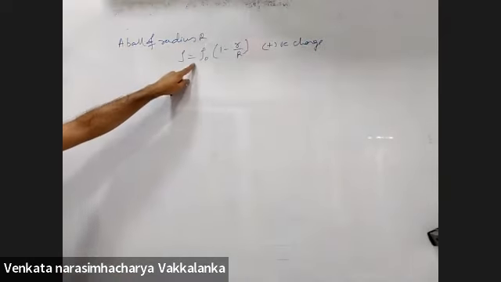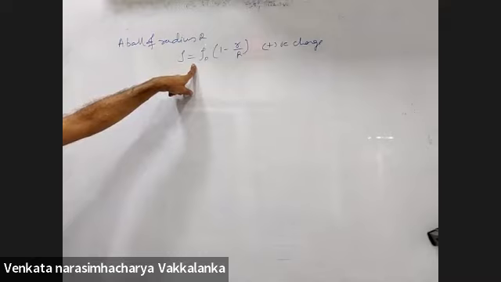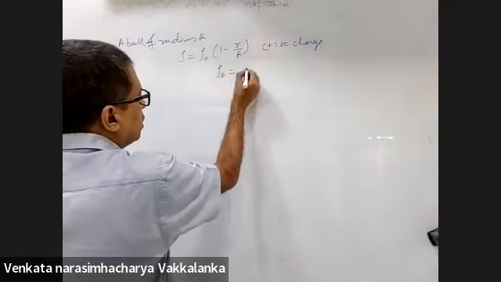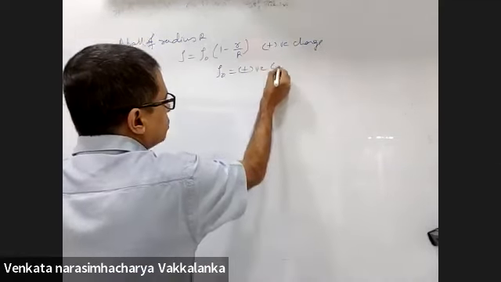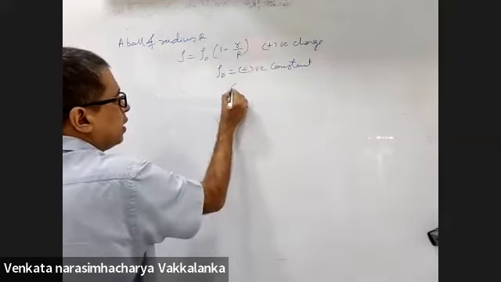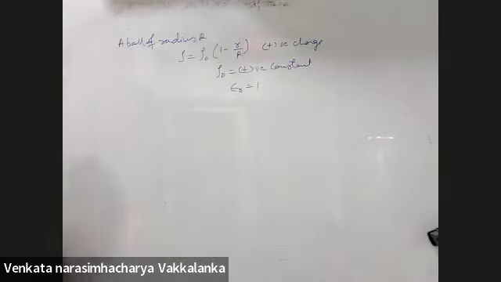Where rho naught is a positive constant. Because it is non-conducting, I should give you epsilon r. He gave you epsilon r as 1.